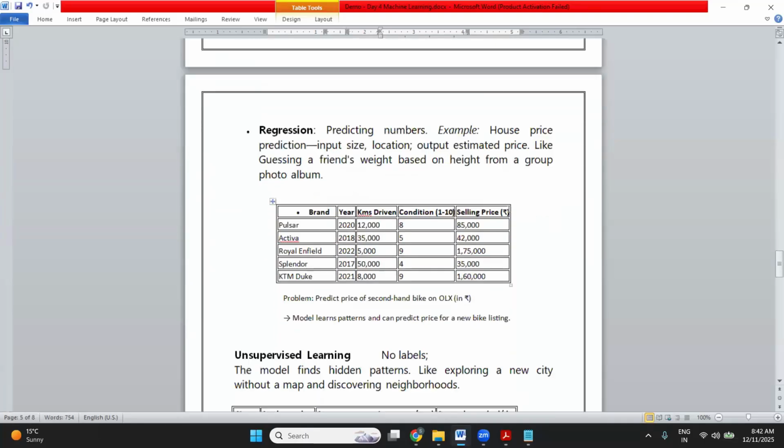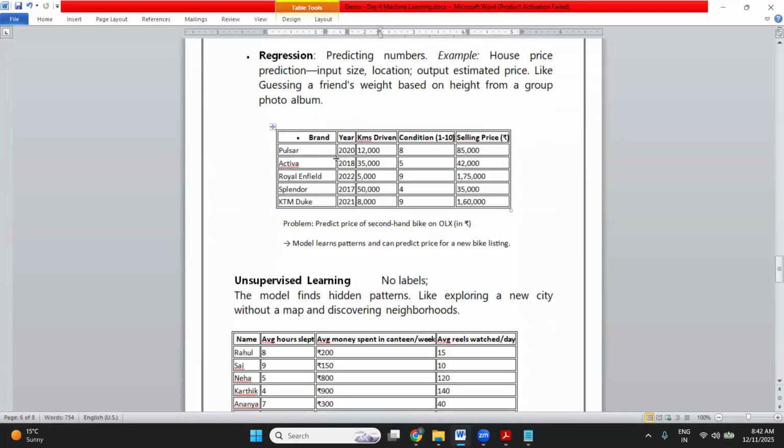But if you observe this regression data, there are different kinds of bikes, their model number, number of kilometers driven, and of course condition. Looking at this data, we cannot predict anything much clearly.